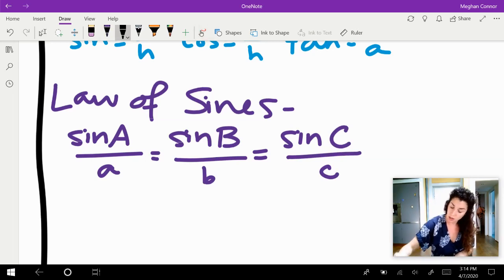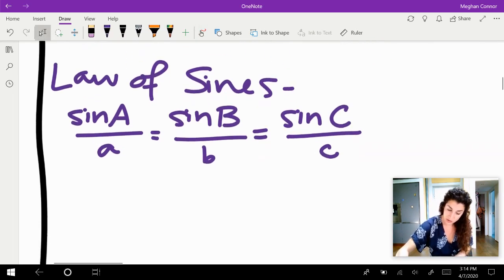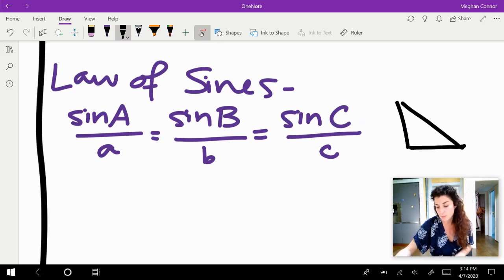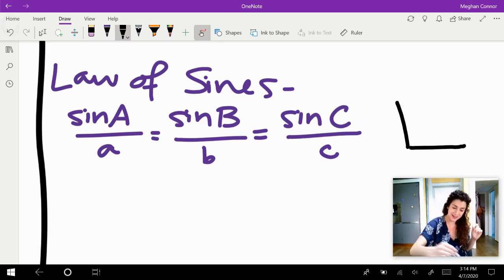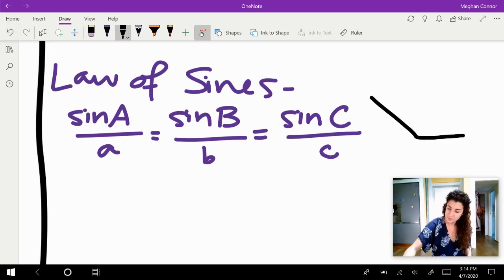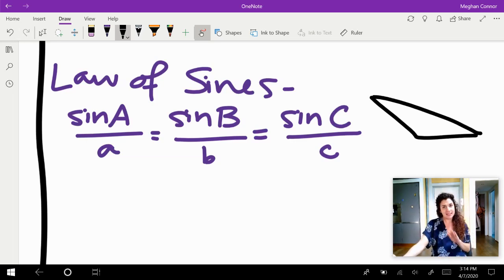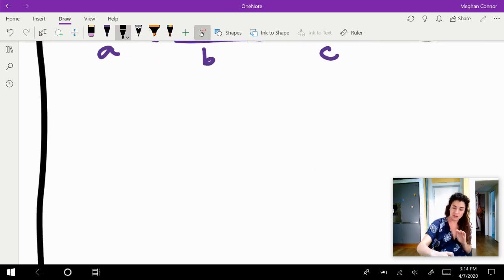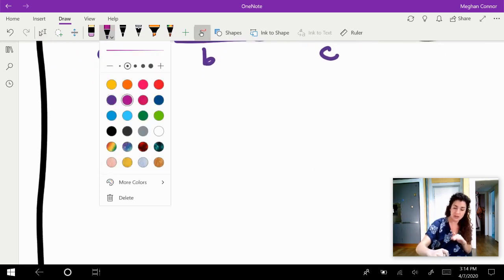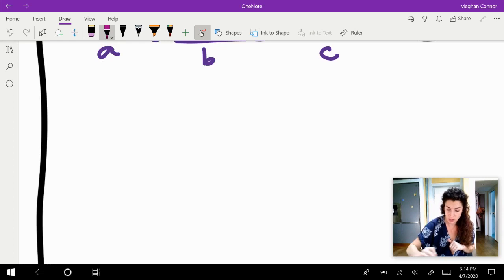This is for any triangle. So I'm just going to draw a triangle that does not look like a right triangle. It does not have to be a right triangle, but it does work for right triangles. So you can use it for right triangles, but you do not have to.